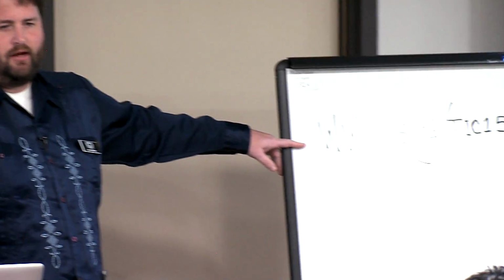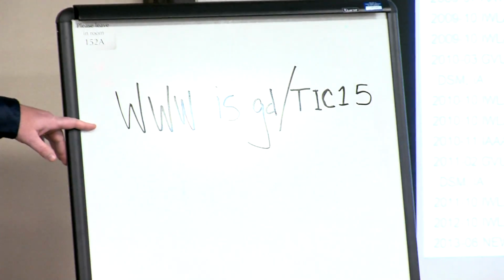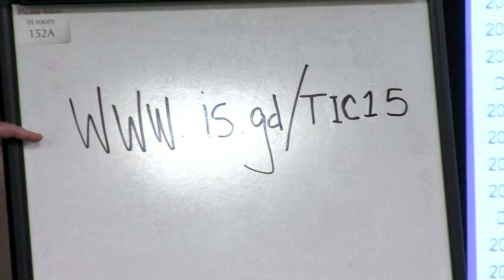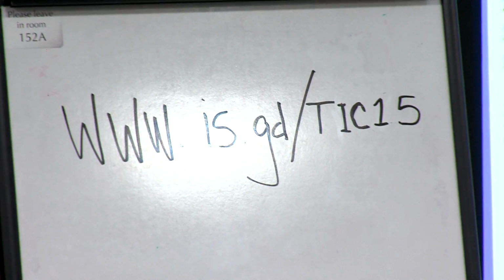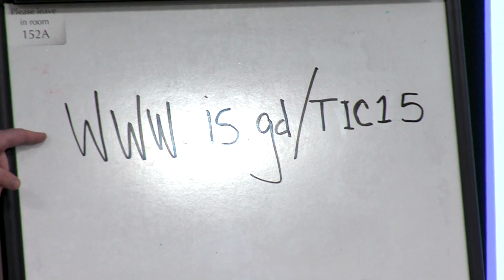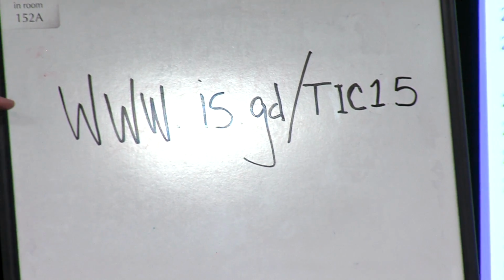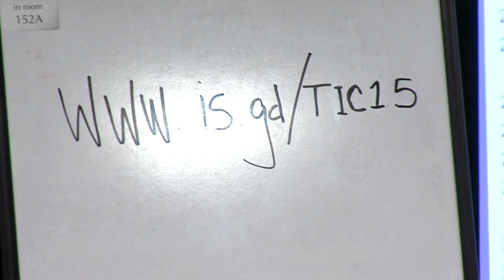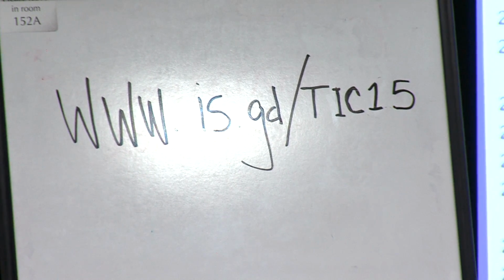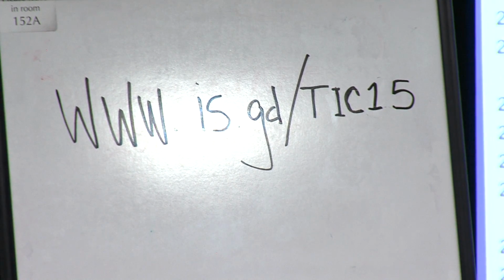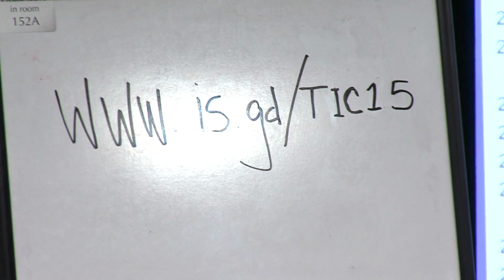If you want to get to this page that I'm showing up here, this is a quick shortened link. You can type in that whole long link and go to my wiki where I have all my presentations, but this will take you directly to the page that I'm going to be dealing with today. It's is.gd, like "is good." If you've never used a link shortener tool, these can come in handy.